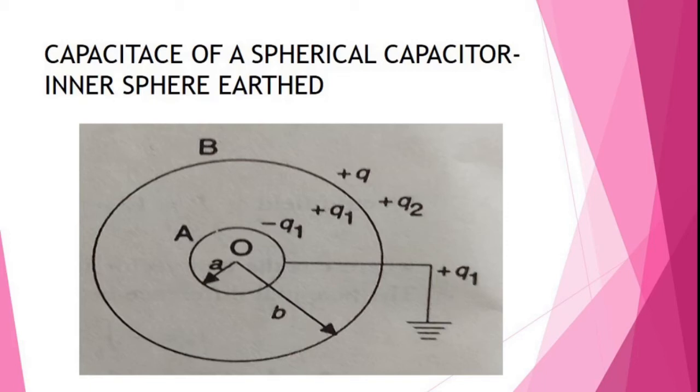Now what about the next capacitor? The outer surface of B and the earth form another capacitor.